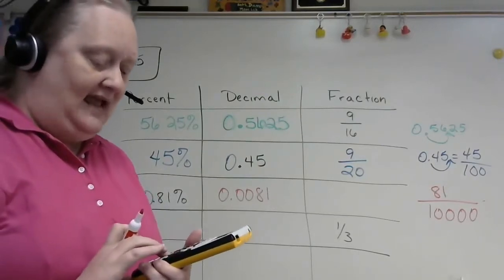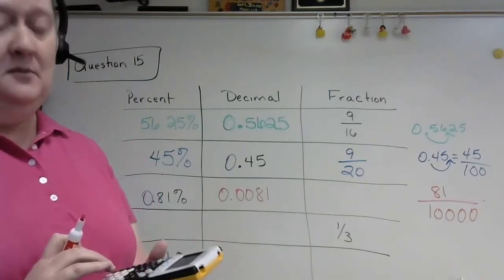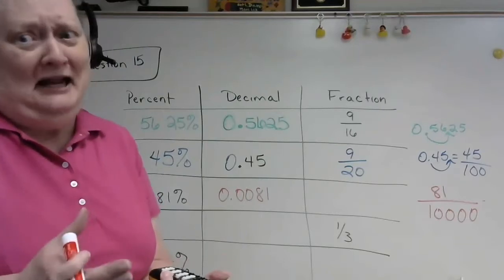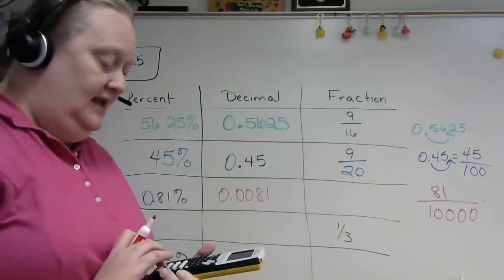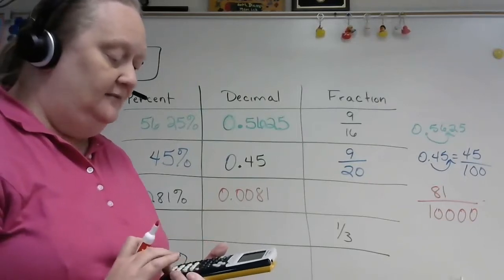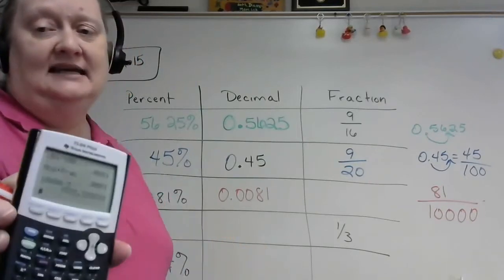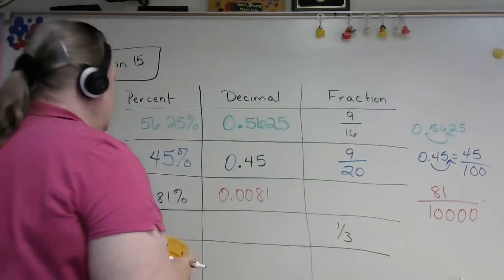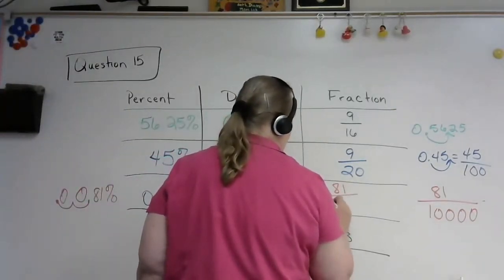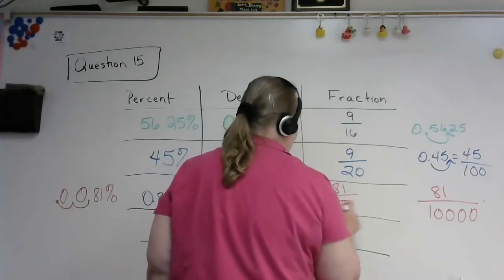And in this case, 81 is only divisible by 3, 9. Mine's only divisible by 3. So 10,000 divided by 3 is not an even number, so it is reduced. So that would be 81 over 10,000.